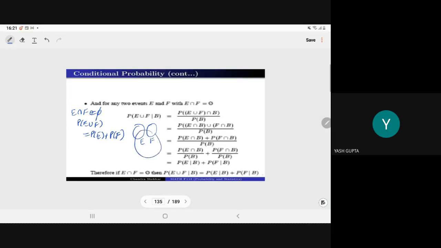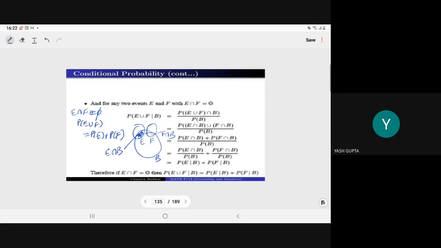Let this be B. What is this area? This area is E intersection B. What is this area? F intersection B. So E intersection B as well as F intersection B are also mutually exclusive.